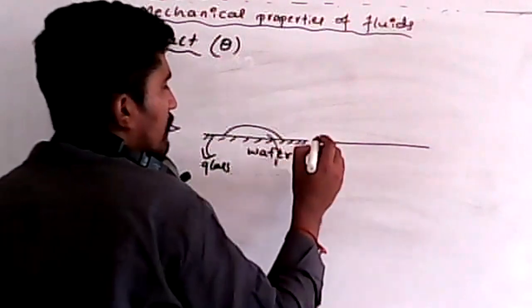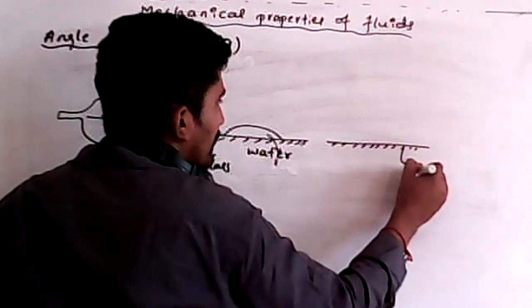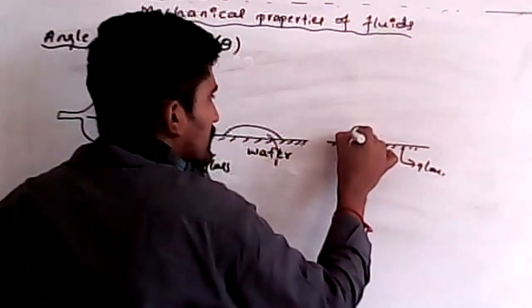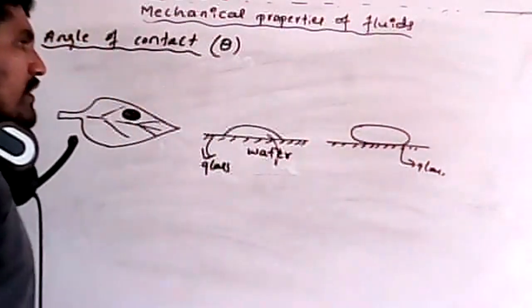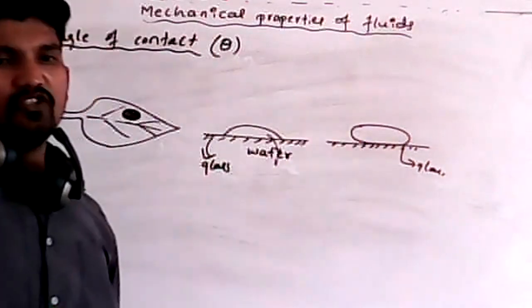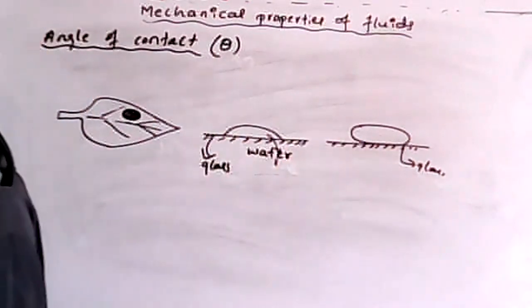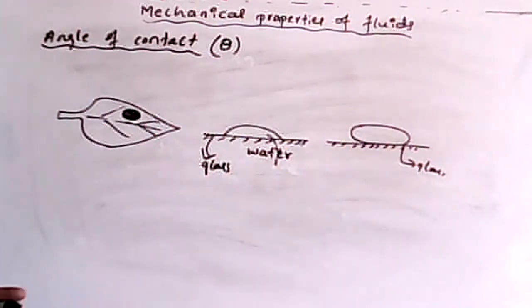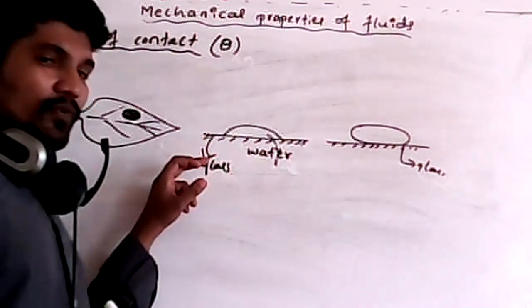Now see, if I take the same glass plate and place mercury here, mercury will not wet. It is exactly like a bubble, spherical in shape. See the three different diagrams here, students. What did you observe in the water-glass interface?